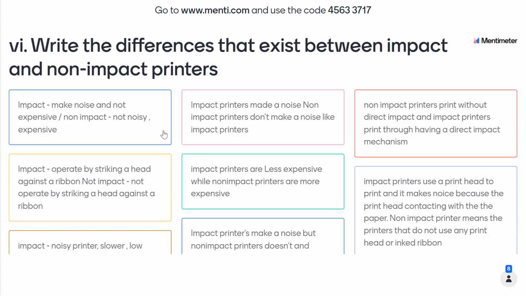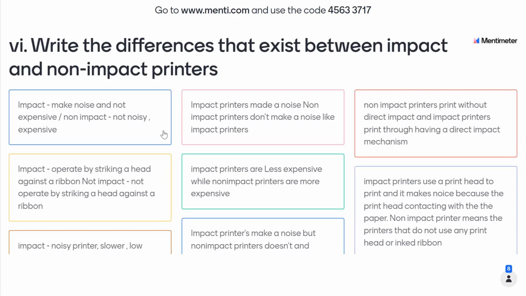And quality is also low. Whereas other non-impact printers, the quality is high, the cost of a page is high, right? And sometimes you get a better quality outcome.